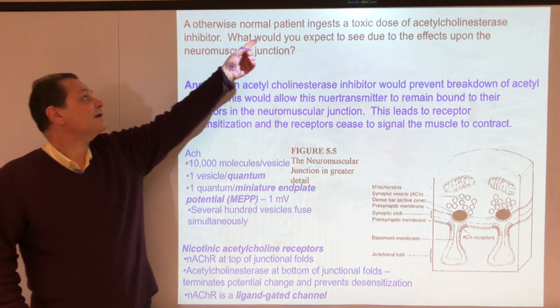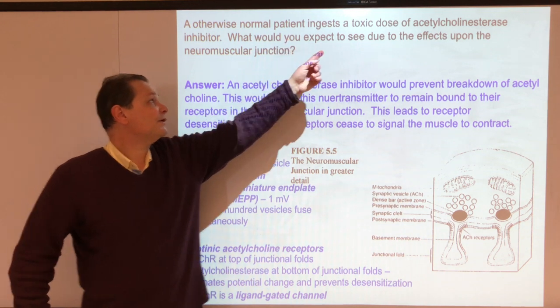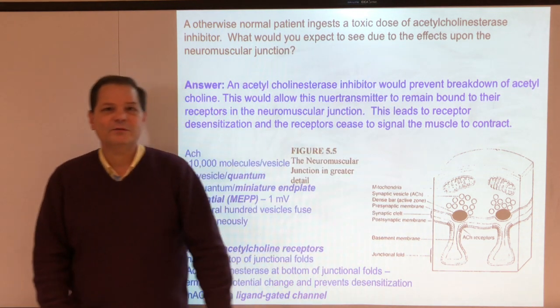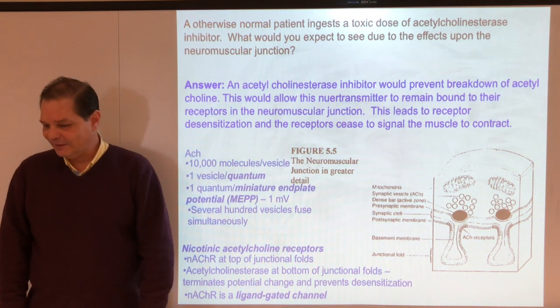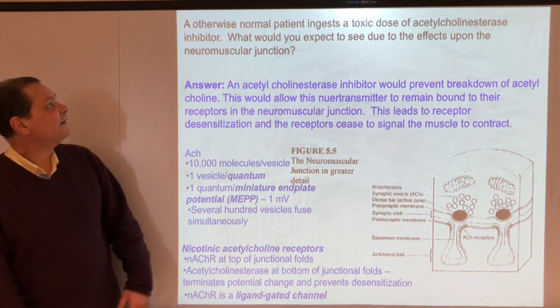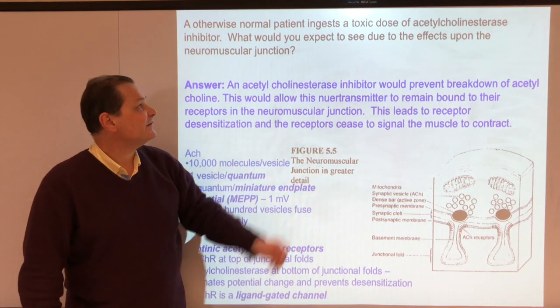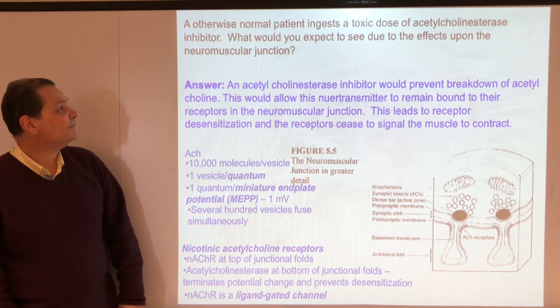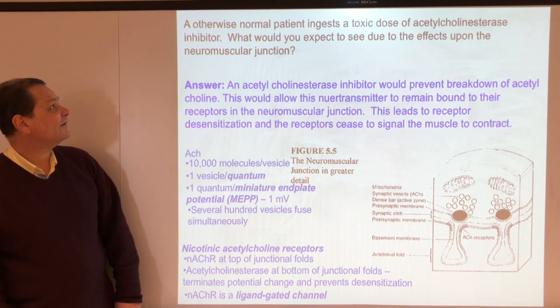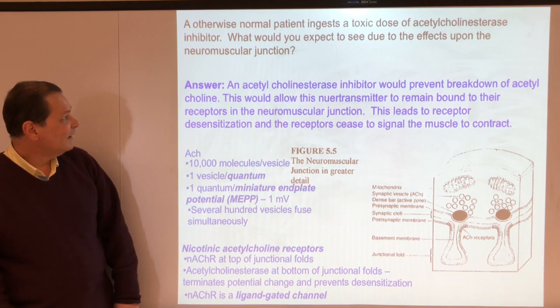I did not specify that it was an otherwise normal patient, nor did I specify that it was a toxic dose of acetylcholine, so I have revised this to make it as I intended it. An otherwise normal patient ingests a toxic dose of acetylcholinesterase inhibitor. What would you expect to see due to the effects upon the neuromuscular junction?